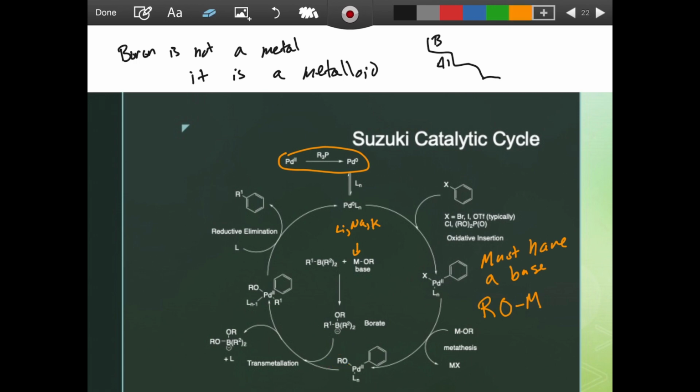And then, more importantly, a carbon-boron bond will not do transmetallation. Just can't do it. But your base can react with the boron to make a borate, and borates can transmetallate. So let's go over here and remind ourselves of stuff. I'm just going to put a random aryl group on here. It doesn't really matter.